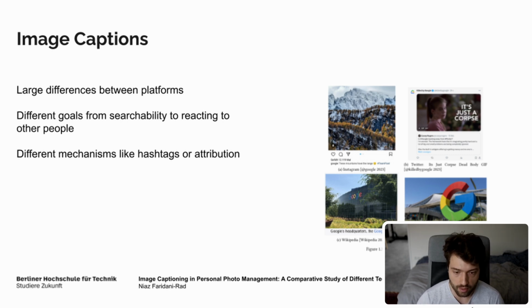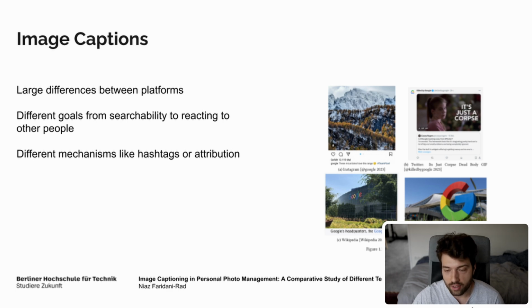For example, I have here 4 examples: Instagram, Twitter, Google, Wikipedia, and CNN. The first image, Instagram, obviously wants to communicate a vibe, and they have a different mechanism with hashtags, so everything is searchable via tags. Twitter is more like reacting to other people, or well, now it's called X anyway.